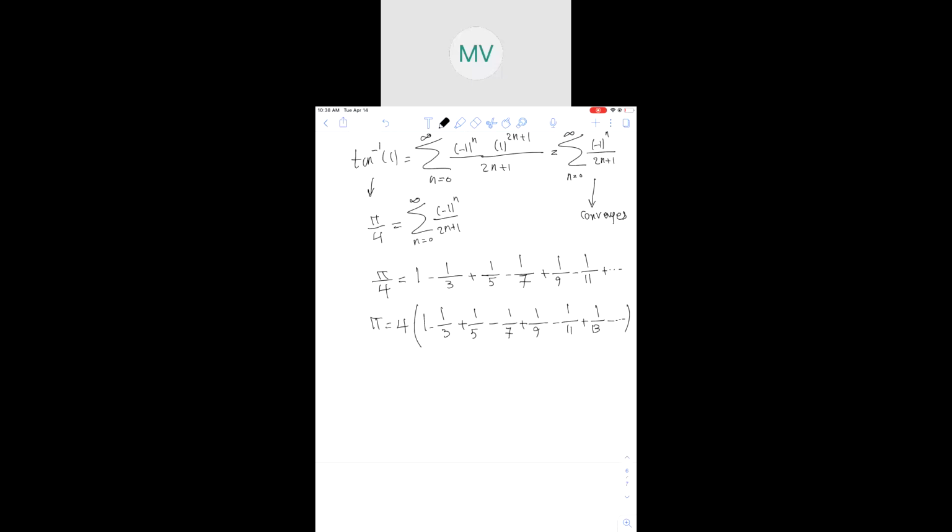And there you go. If someone can calculate this summation all the way through infinity, which is impossible, then you can get as close as possible to the value of pi.